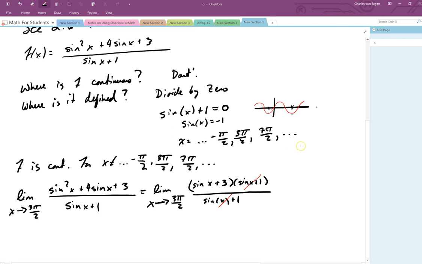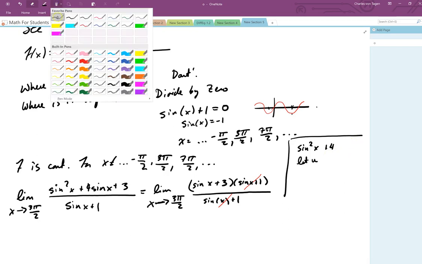So if we return to the factoring step, the sine squared of x plus 4 sine x plus 3, let's use what's called a u substitution. That might help make the problem a little easier on the eyes.